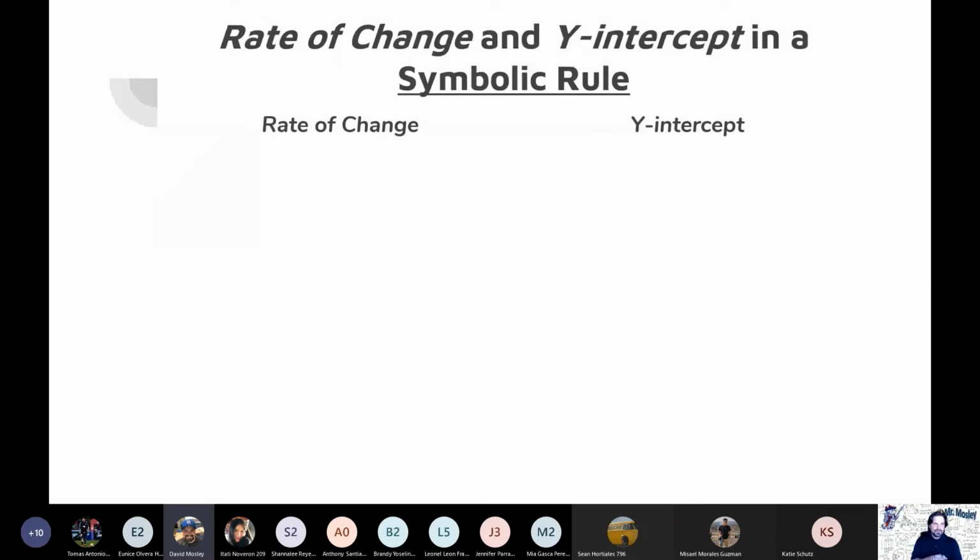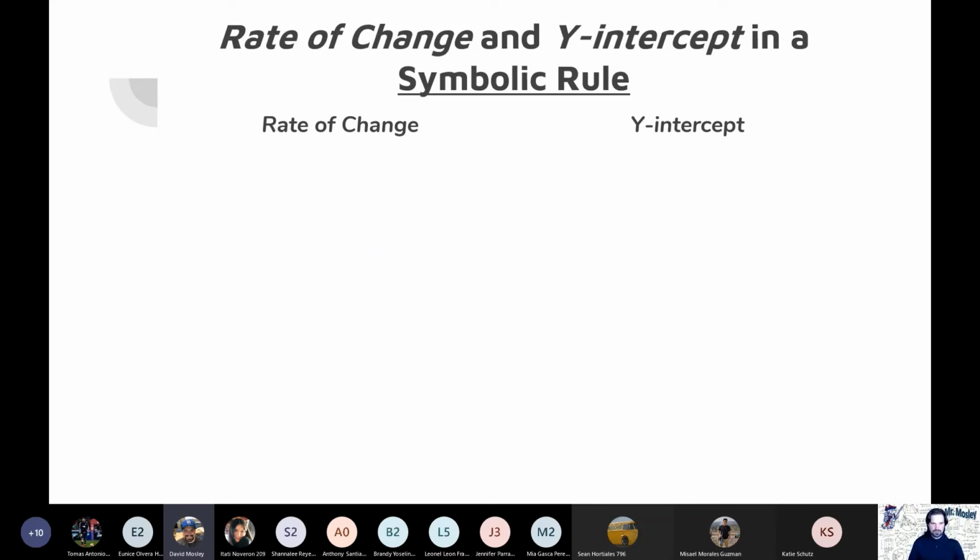All right. So now, where do we see the rate of change in y-intercept in a symbolic rule? So we were given a rule, y equals mx plus b. The slope, or the value next to the x, is the rate of change. Okay. Right, well, wait. Let me go back one.